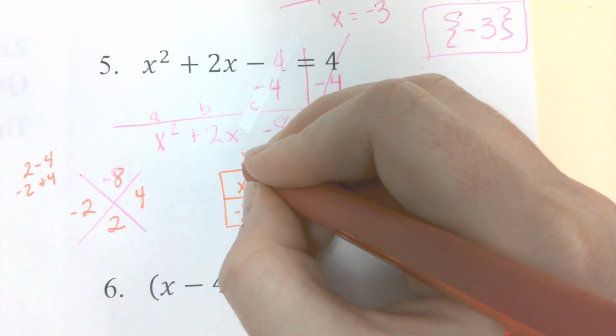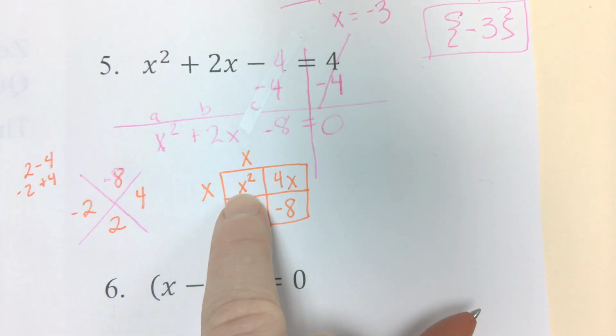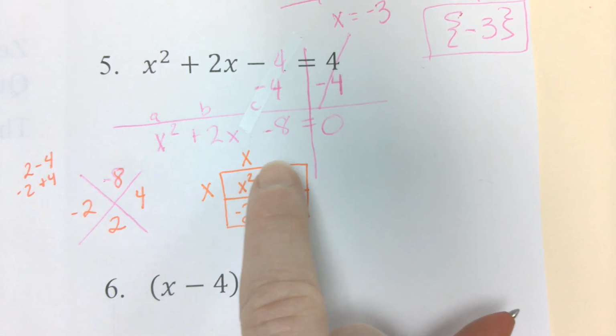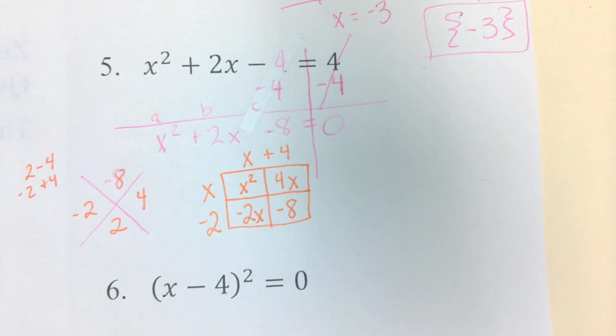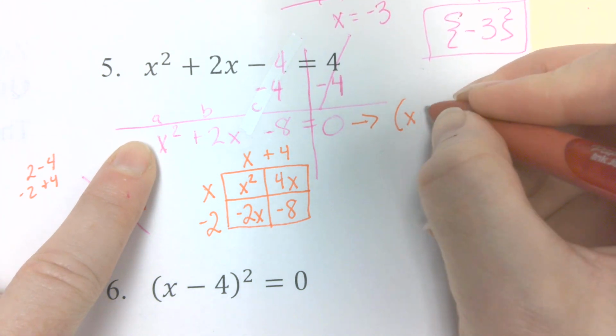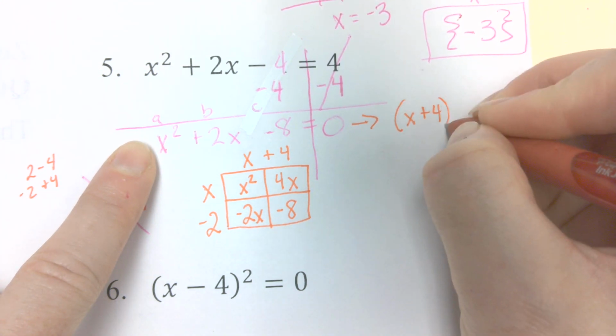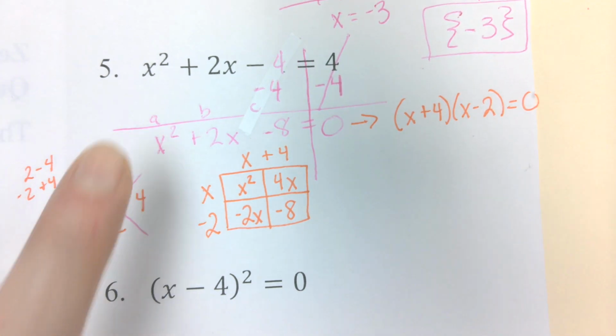So factor x and x. Remember, if this is 1x squared or just x squared, we can just factor our magic numbers. So this is going to be replaced with x plus 4 times x minus 2 equals 0.